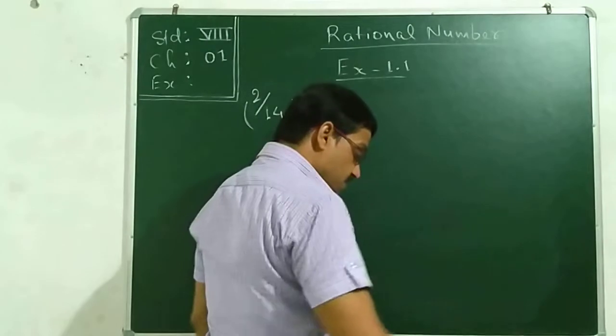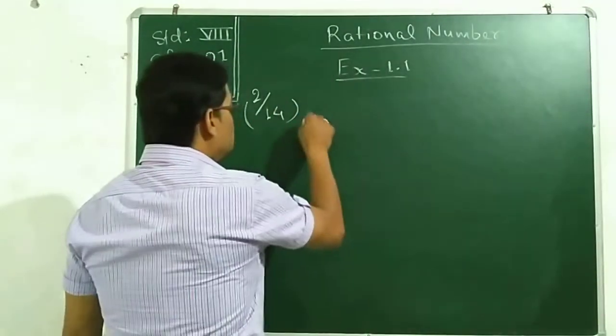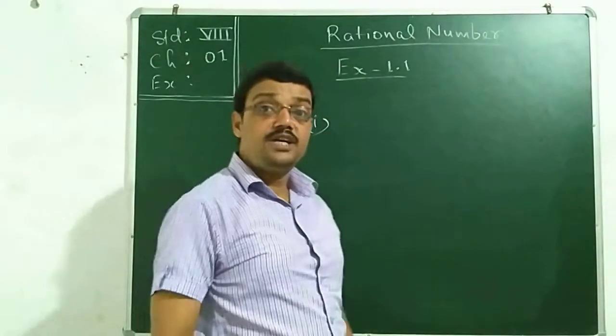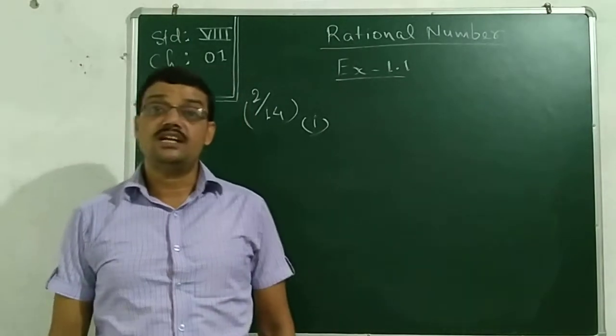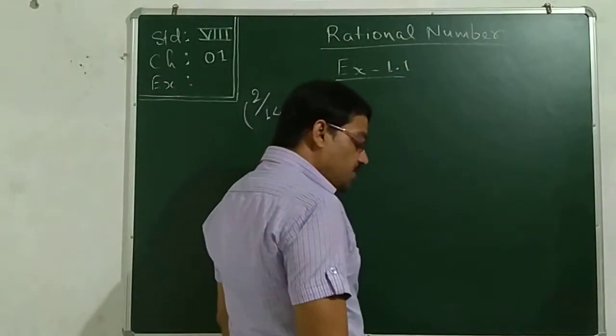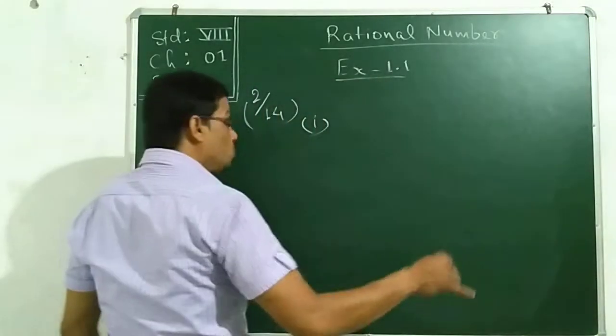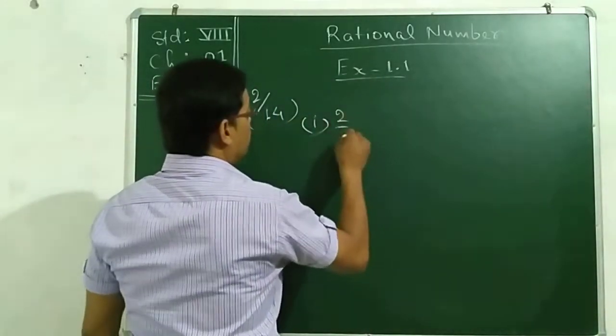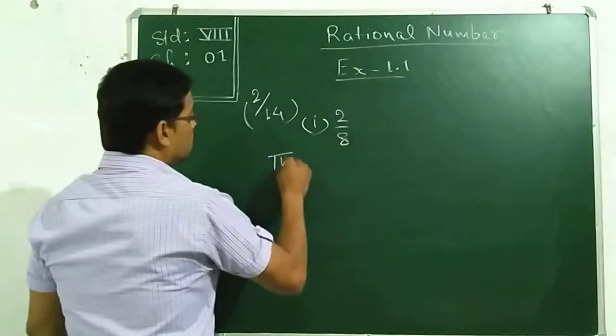The first one is, we need to write down the additive inverse of various rational numbers. See, the additive inverse of 2 by 8. First one is 2 by 8.